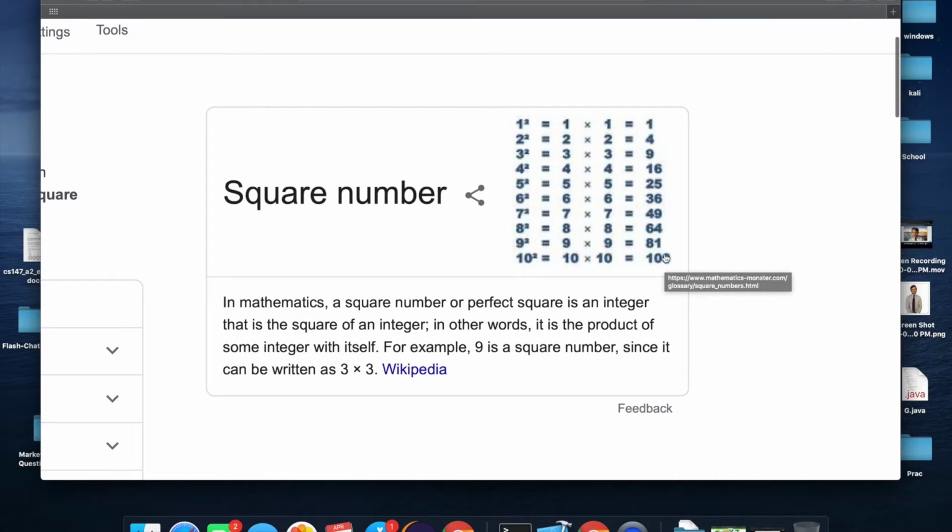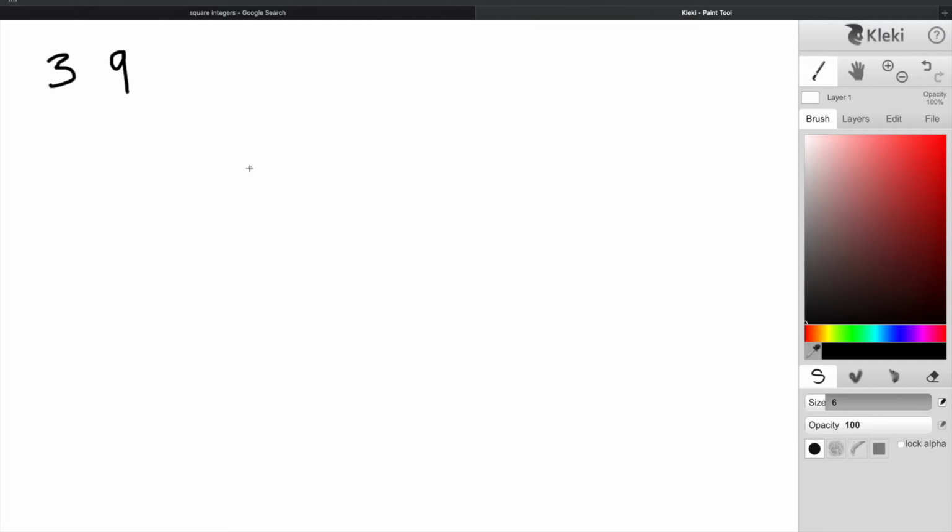Okay, so now that we know what we have to do, let's say we're given an interval of 3 and 9. Between 3 and 9, we have the values 3, 4, 5, 6, 7, 8, 9. We want to find the square integers in this interval, so we have to determine whether these values are square integers or not.